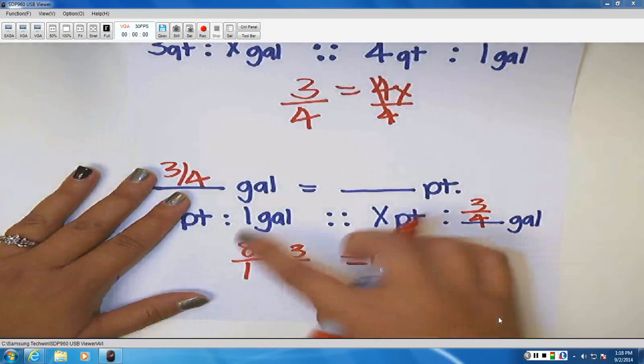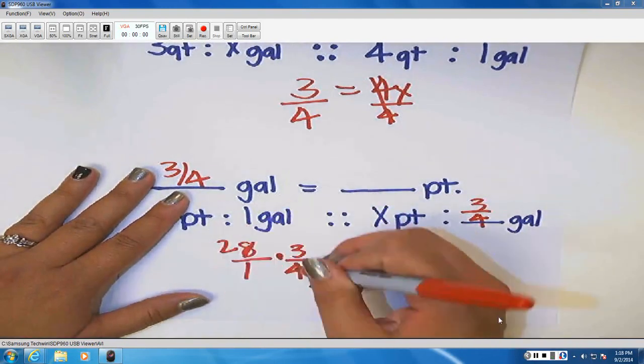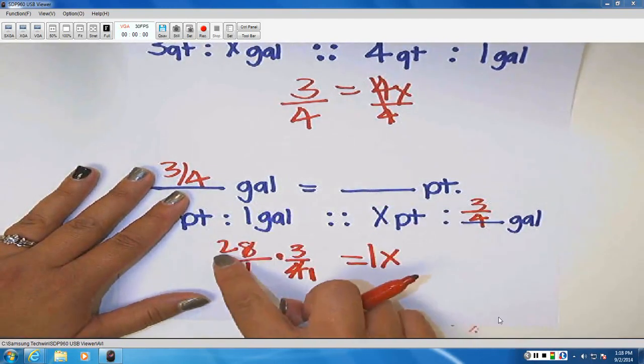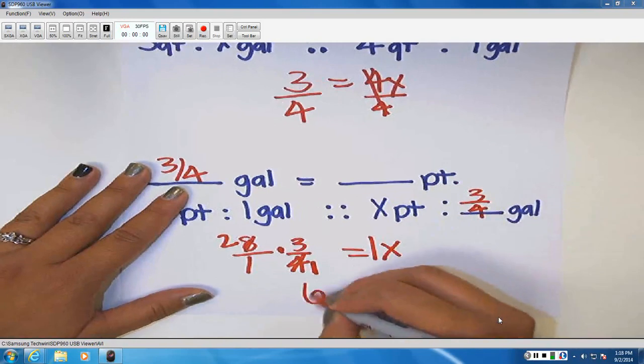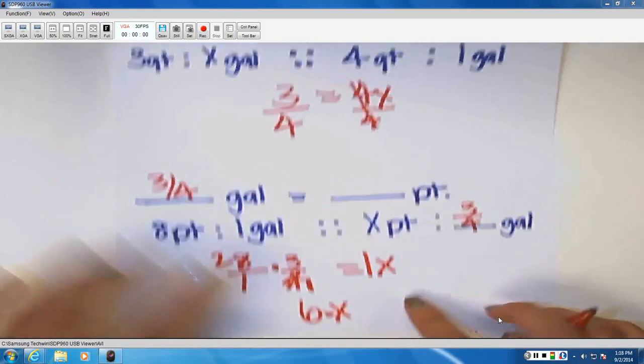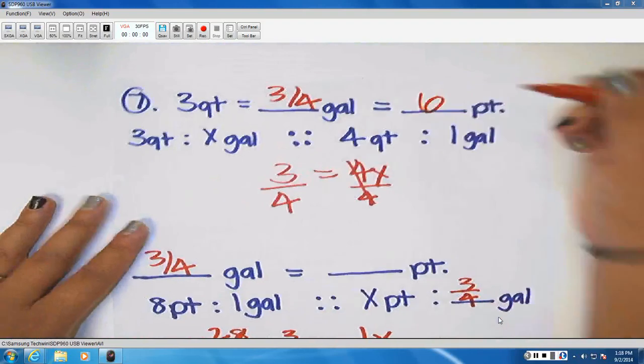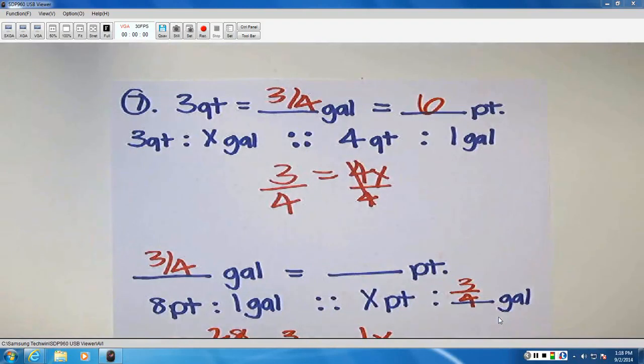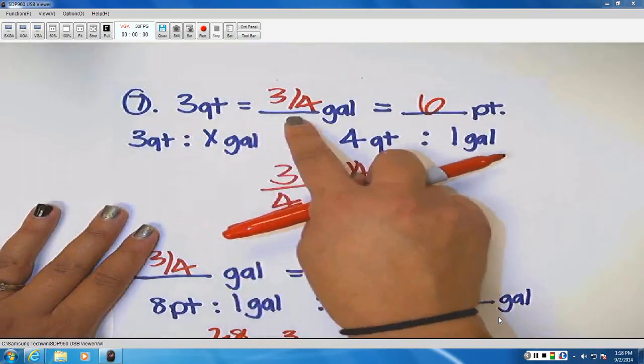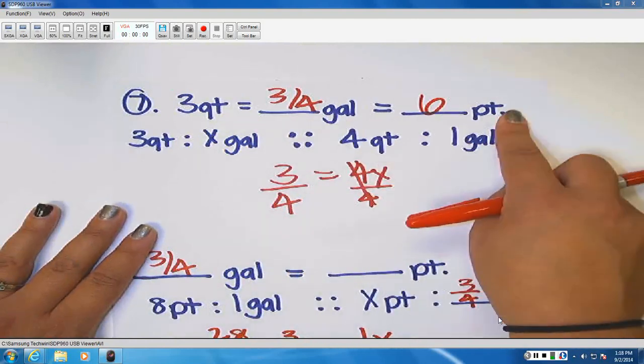I know that 4 will go into 8 2 times. And 2 times 3 is 6. So 6 equals x. So now I can put that up here. So ultimately, my final answer is 3 quarts equals 3/4 of a gallon, and 3/4 of a gallon equals 6 pints. That's your finished product or your final answer.